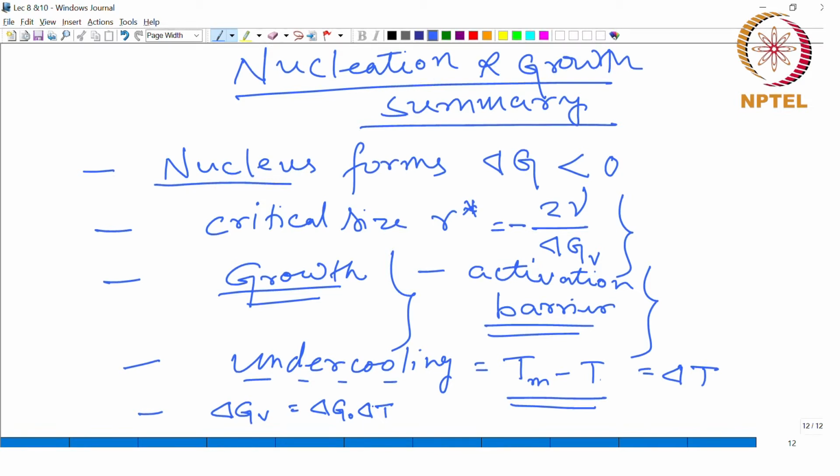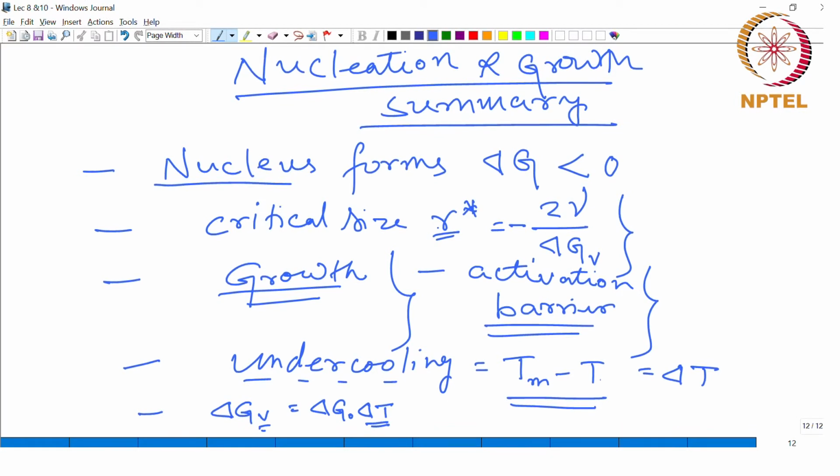It is directly proportional to the undercooling, and as a result, when undercooling increases, delta GV would increase, which in turn would decrease the critical size which is needed for the solid to grow, which also means that the nucleation process becomes easier, and as a result, when the undercooling increases, the rate of nucleation would also increase.